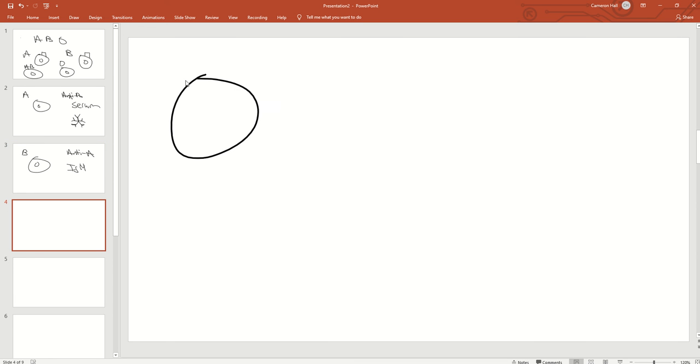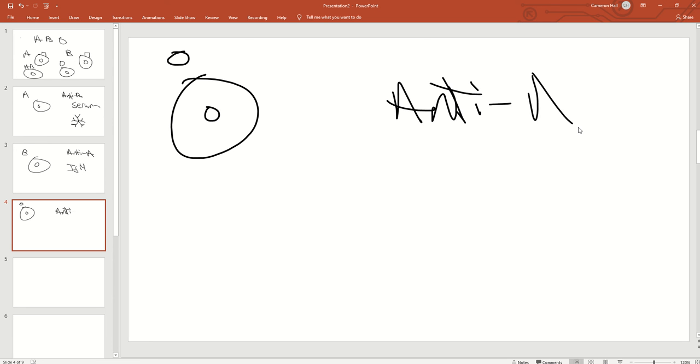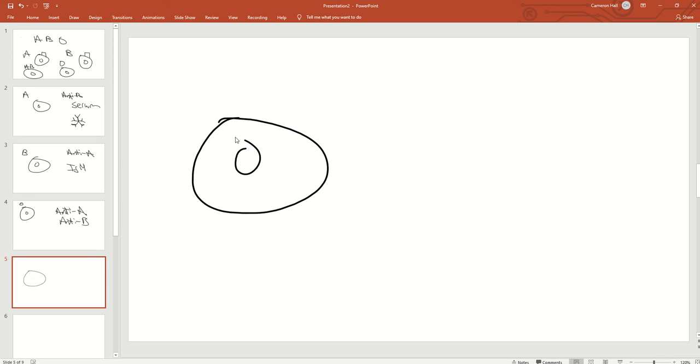What if you're an O cell? You have no antigen, but you have anti-A and you have anti-B in your serum. What if you are an AB cell?